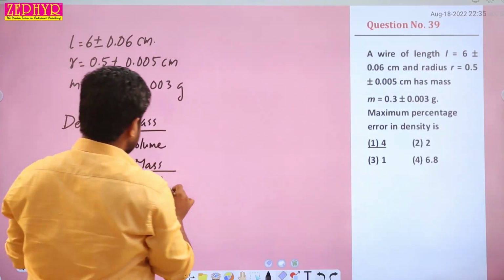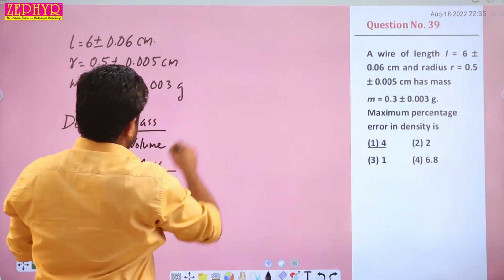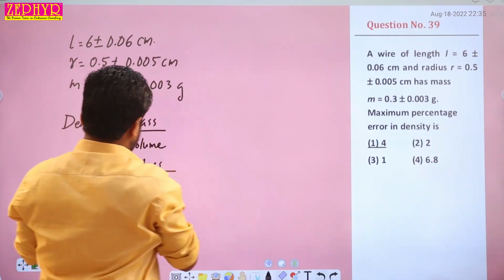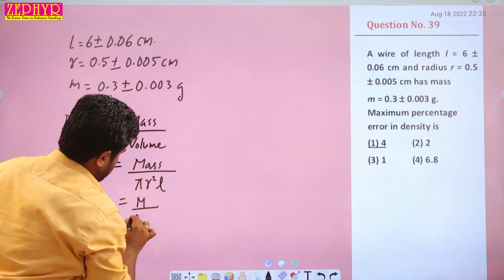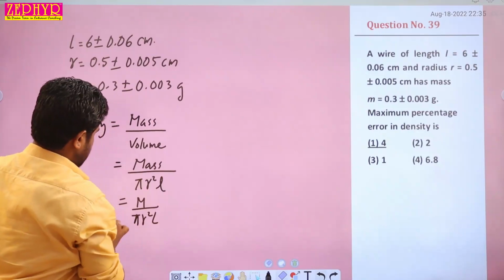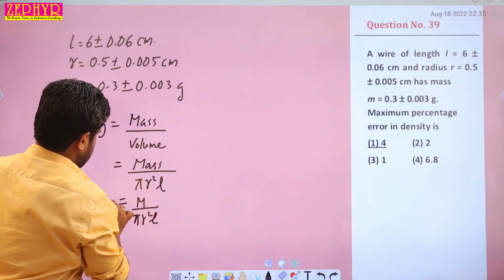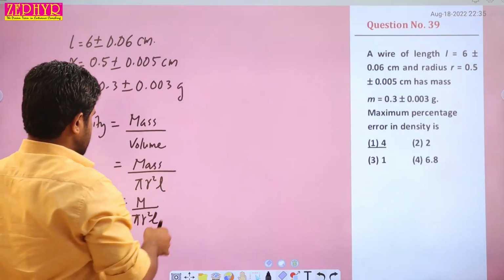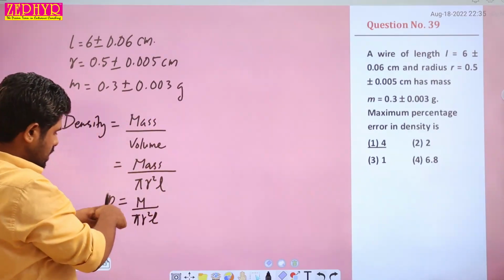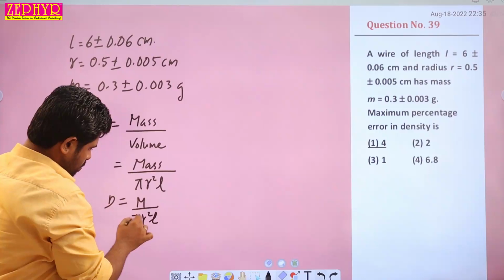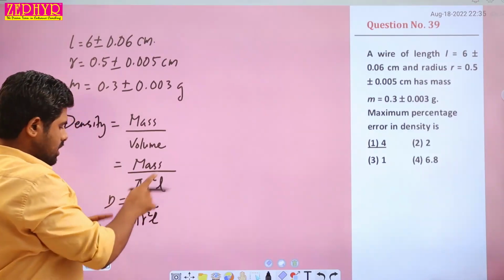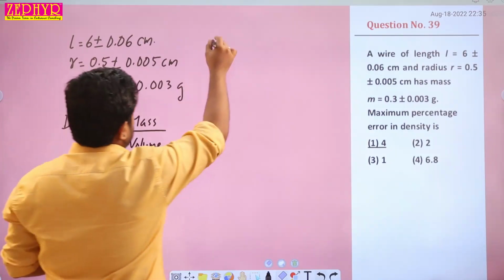So the density D is equal to M divided by pi r square L. To find the percentage error of this value, we avoid the term pi from the equation.